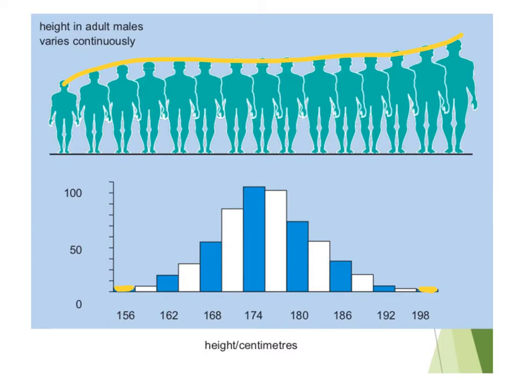So basically we're making, that graph's actually from a GCSE textbook. It's not great because it probably should say something like 156 to 159, 159 to 161, 162 to 164, and so on.